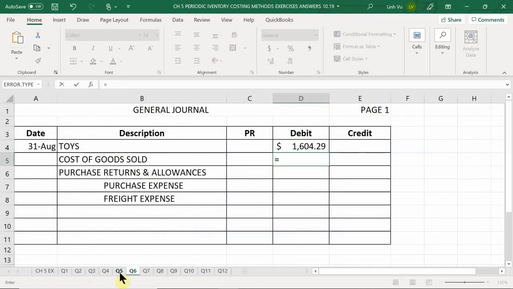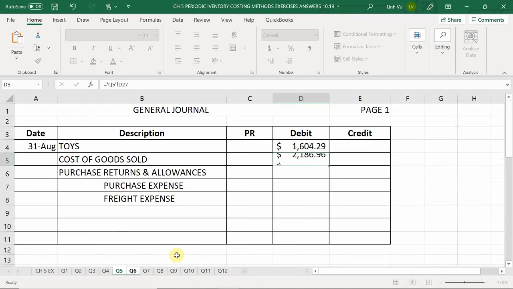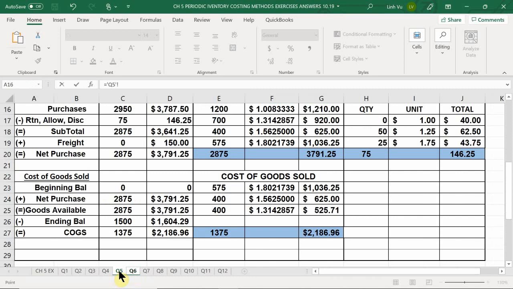What was my total cost of goods sold? 2,186. Good. COGS is short for cost of goods sold. All right. What was my total returns and allowances? Purchases returns and allowances were 146.25. Good.